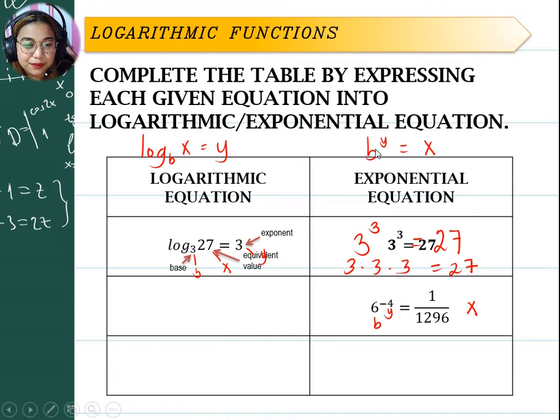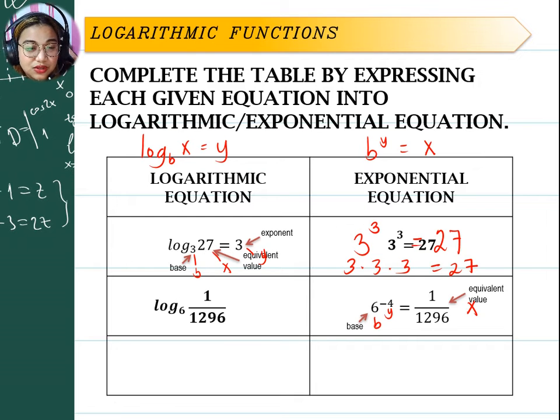Okay, so what will be our answer? We have here logarithm of 1 over 1,296 base 6 equals -4. So, easy as that. I hope na habang nakikinig kayo, you are writing down some notes.